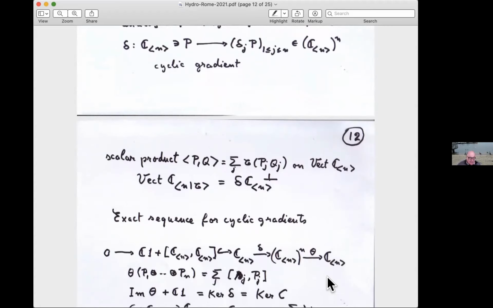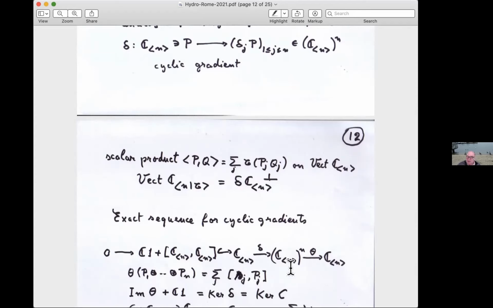I take the bracket, but here it's just commutators, AB minus BA, in Cn, and I add the identity. So this is a subspace in the vector space of non-commutative polynomials.